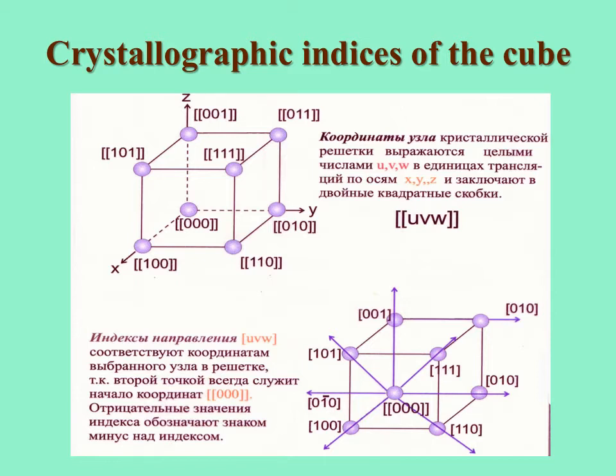And here you can see the symbols of directions of the cube. For example, the axis z is 0, 0, 1. The symbol of direction of the axis y is 0, 1, 0, and the axis of x is 1, 0, 0, and so on.